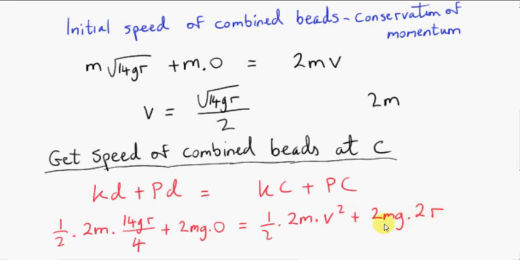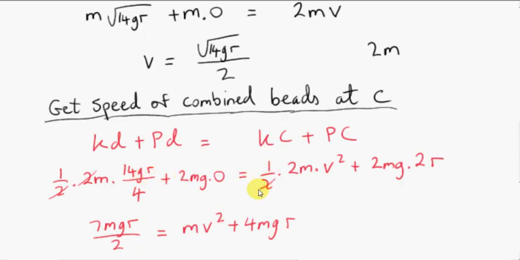Okay, so that's the potential energy of the combined beads at point C. So kinetic energy at C plus potential energy at C. Okay, we do a bit of simplifying, and this is where things get interesting. So now we attempt to find the speed of the combined beads at the top of the hoop. This is assuming that the combined beads reach the top of the hoop. Okay, so let's rearrange this to get V.